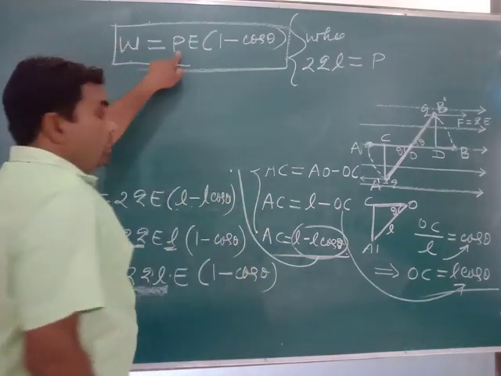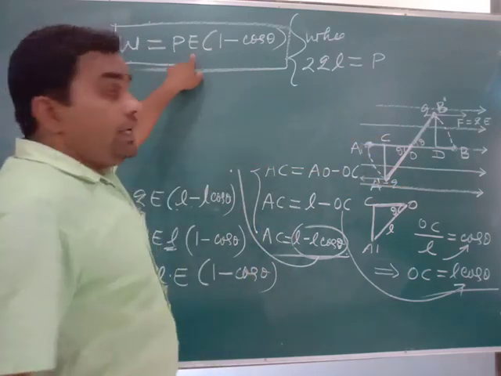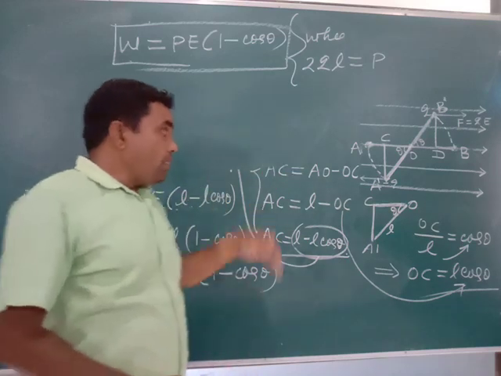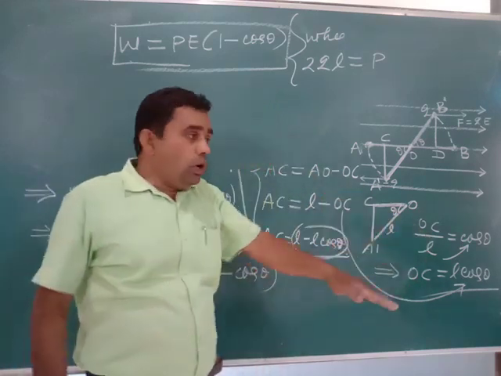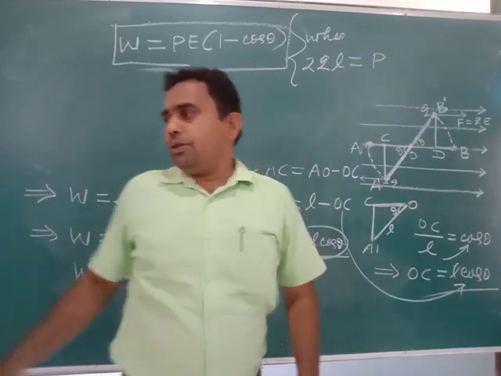Here P is the electric dipole moment of the electric dipole and E is the magnitude of the external electric field in which the electric dipole rotates at angle theta from the field direction.